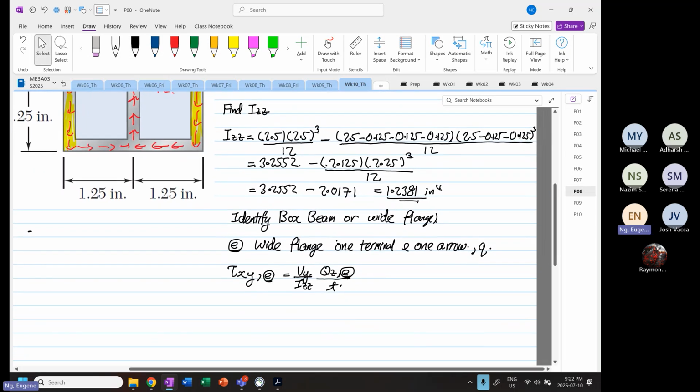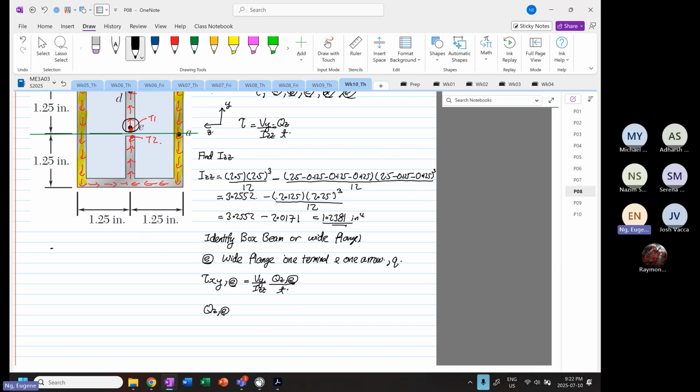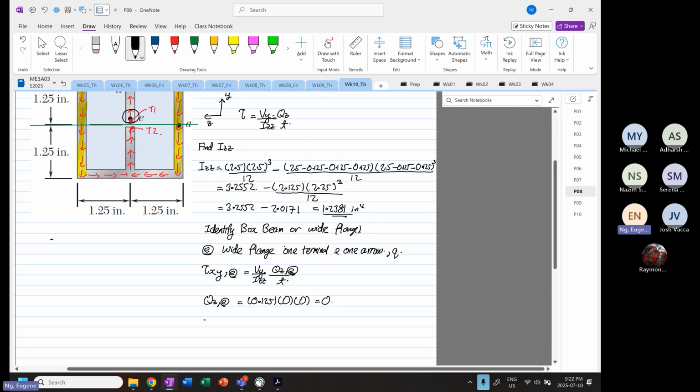Qz at point E is at the terminal, the width is 0.125, the depth is 0, the Y bar is 0. So this is equal to 0. Therefore, the shear XY at point E is equal to 0 psi. Are we clear? So that is our point E.